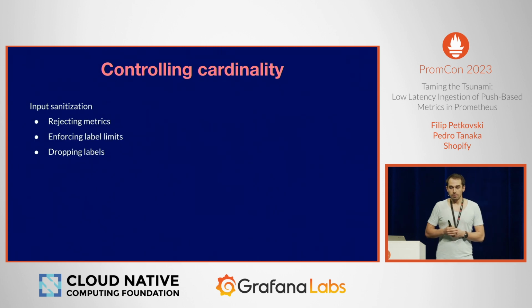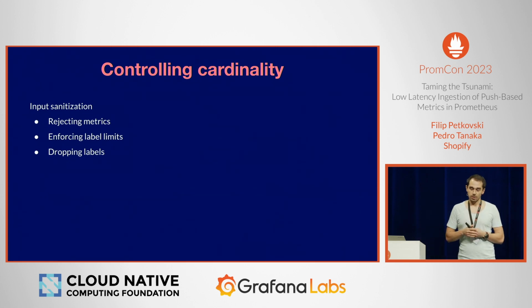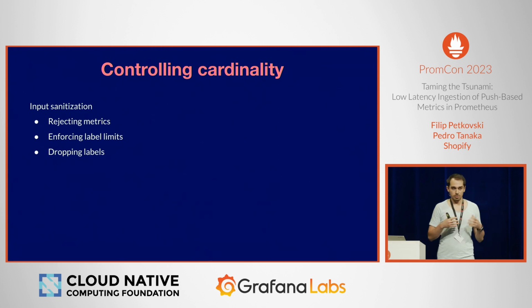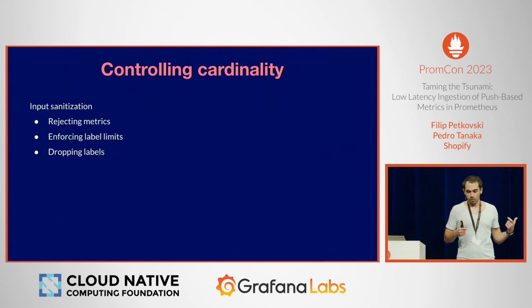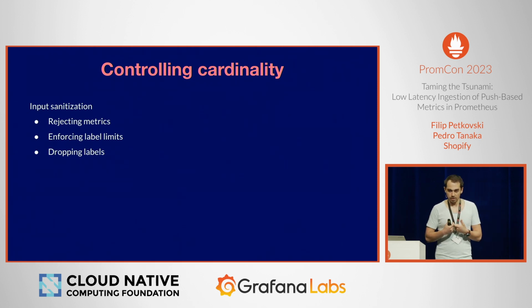So now that we have this pipeline in place, we were also able to add various checks in the pipeline that allow us to drop metrics, so we can drop them at the load balancer level. We can enforce certain label limits. For example, we can detect things like whether a shop ID was leaked or whether a customer ID was leaked in the label name.